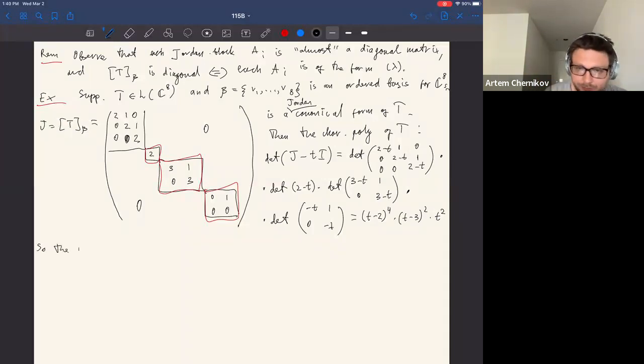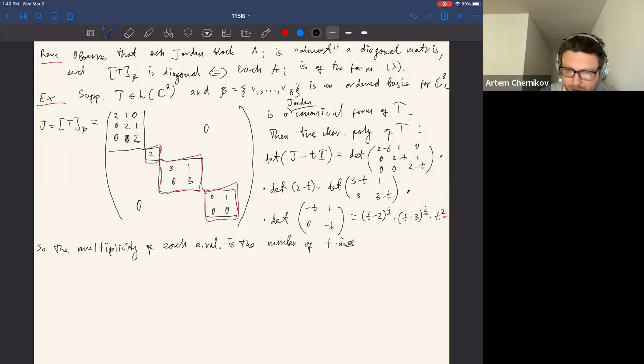So the multiplicity of each eigenvalue, remember, the multiplicity is the power with which the corresponding monomial appears in the splitting of our characteristic polynomial. So the multiplicity of each eigenvalue is the number of times it appears on the diagonal of J, right?